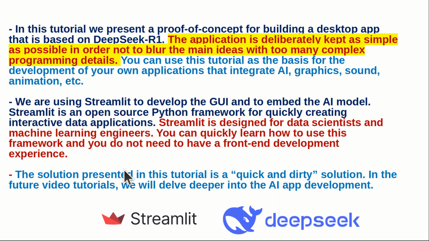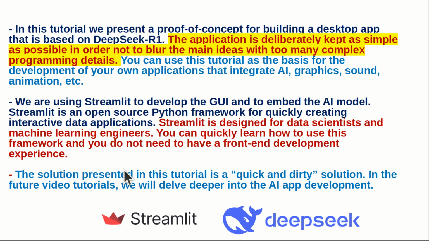It's simple as that. We are using Streamlit to develop the graphical user interface and to embed the AI model. Streamlit is an open source Python framework for quickly creating interactive data applications. Streamlit is designed for data scientists and machine learning engineers.